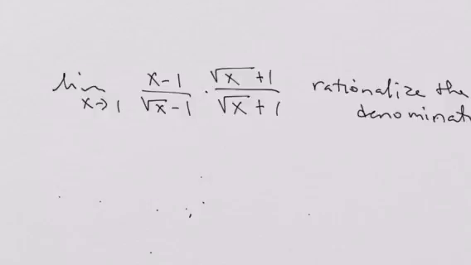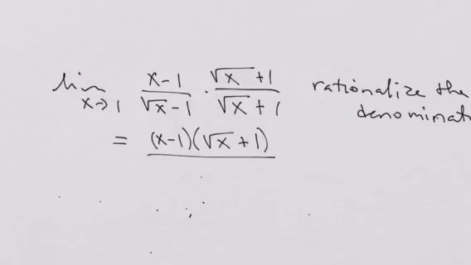What we're going to end up with by doing that is, in the denominator, a difference of squares. That's going to be the first term squared, which is just x, minus the second thing squared, which is minus 1.